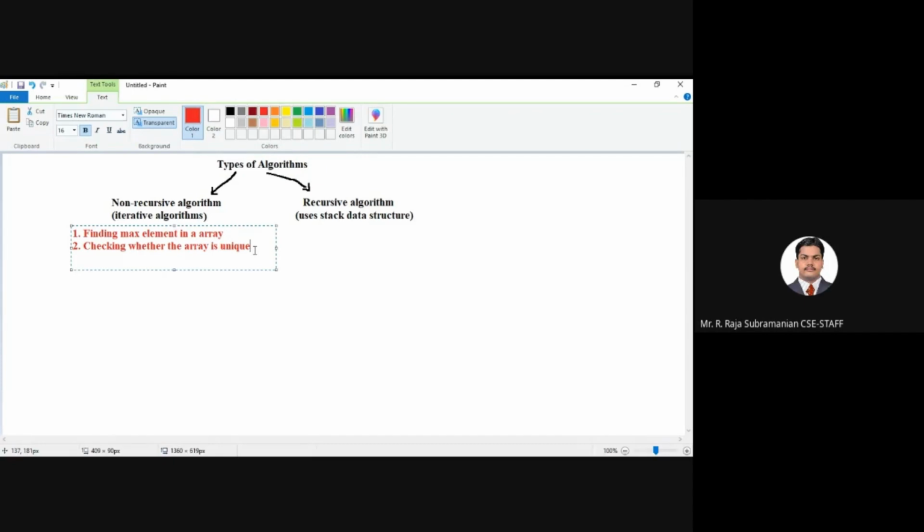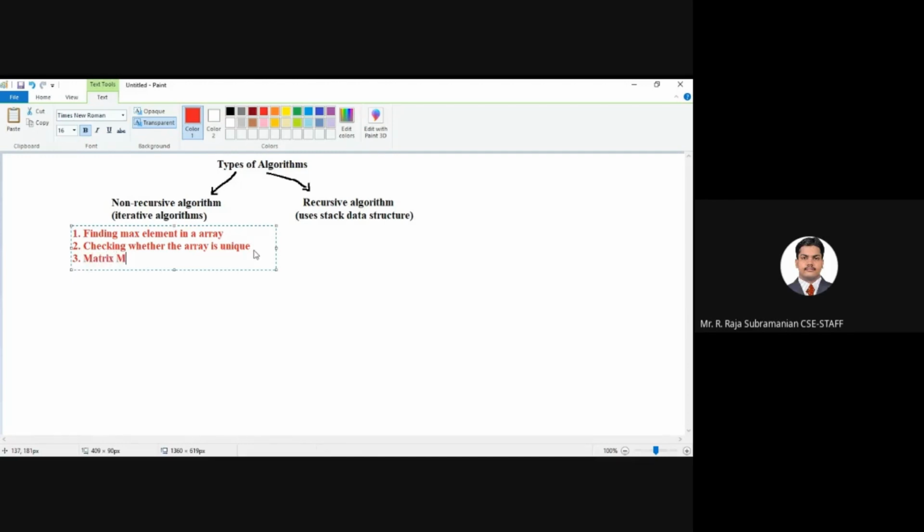All the elements should be different, which means no element is repeated. So array A equal to 1, 2, 3, 4, 5 means all the 5 elements are unique and not duplicated or repeated. So I can call that array a unique array. The other array, if I have 1, 2, 3, 3, 4, here the element 3 is repeated, so the array is not a unique array, right? So that's what we need to check in this algorithm.